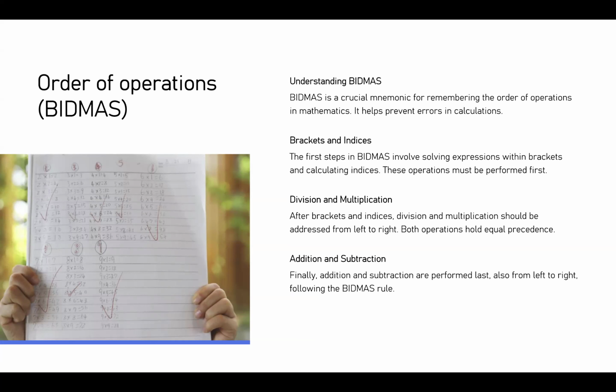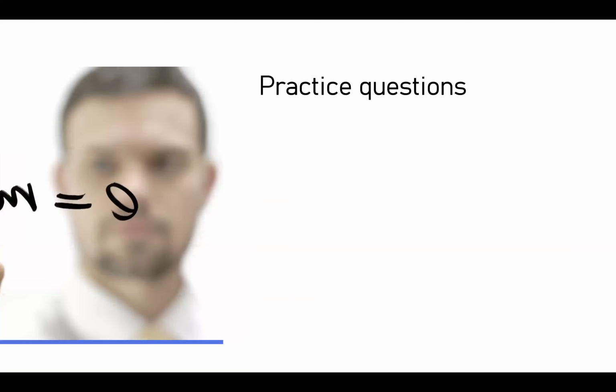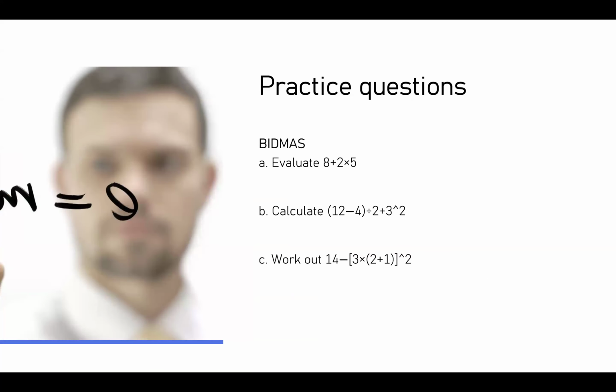After brackets and indices, division and multiplication should be addressed from left to right. Both operations hold equal precedence. And finally, adding and subtracting, also from left to right, following the BIDMAS rule. So here again are some practice questions.